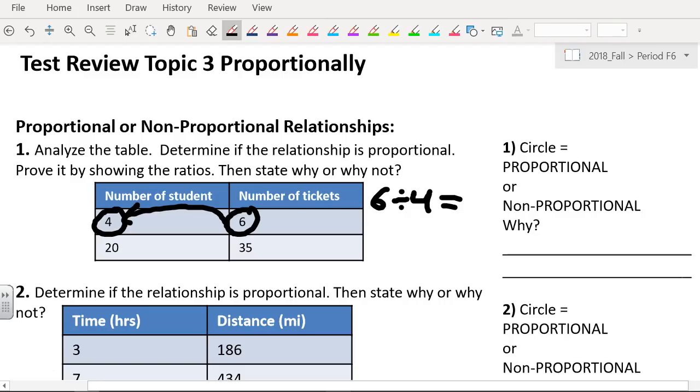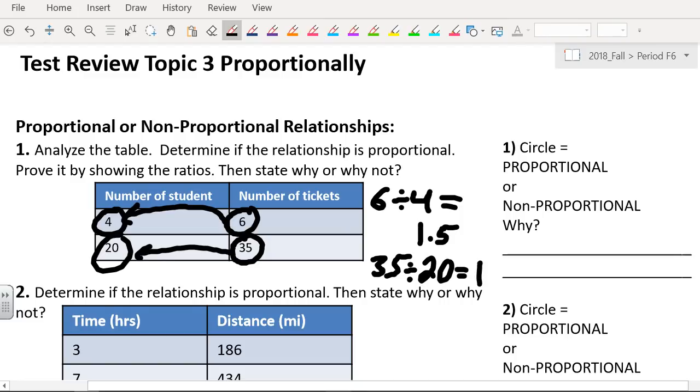Does anybody know what that comes out to? 1.5. Okay. Next one, Chocolate. When you divide 35 by 20, you get 1.75. So that's why it's not proportional.